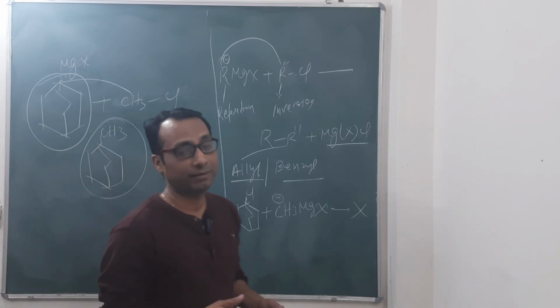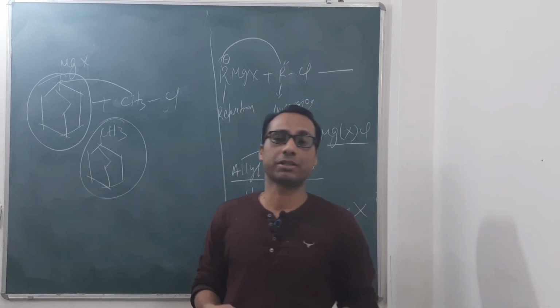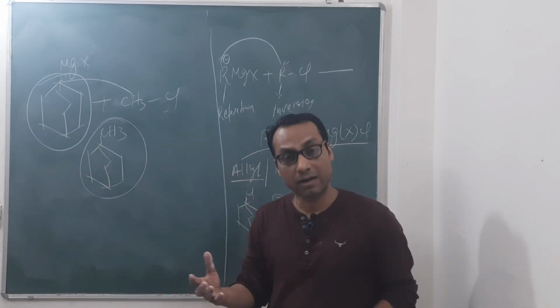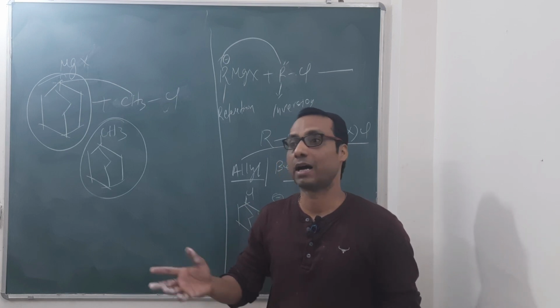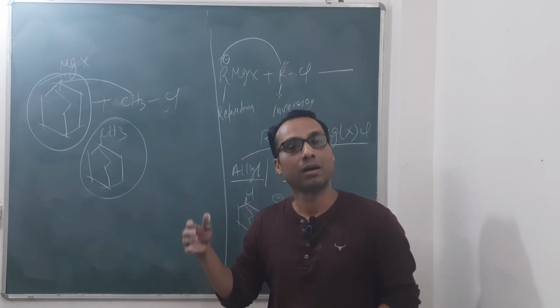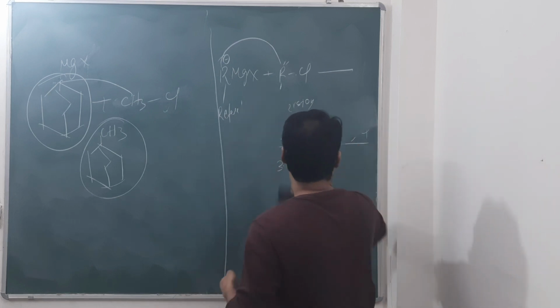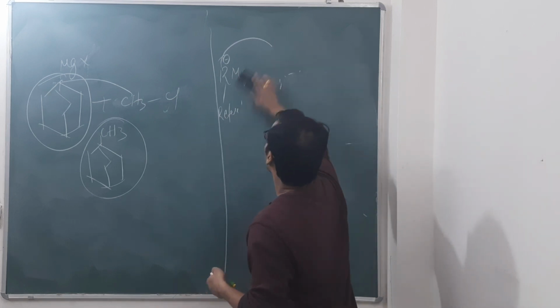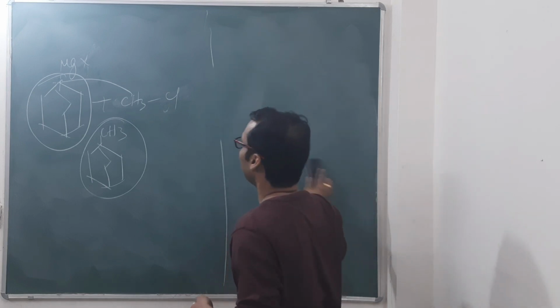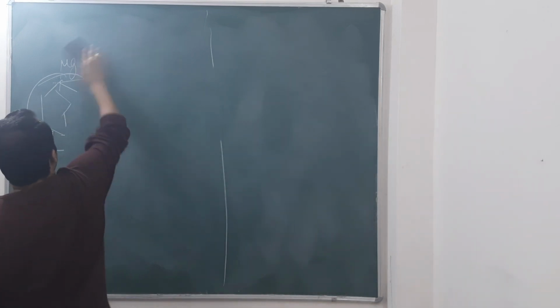Now one more thing you can see in conversions: the Grignard reagent is also used to prepare higher alkynes from lower alkynes. See how Grignard reagents can be used to prepare higher alkynes.